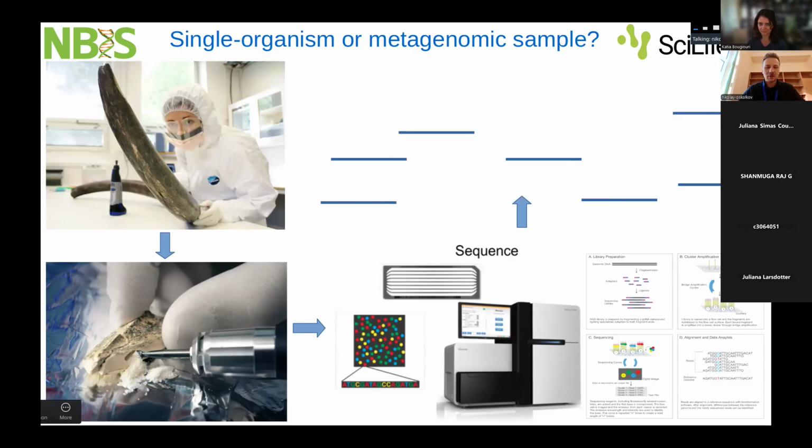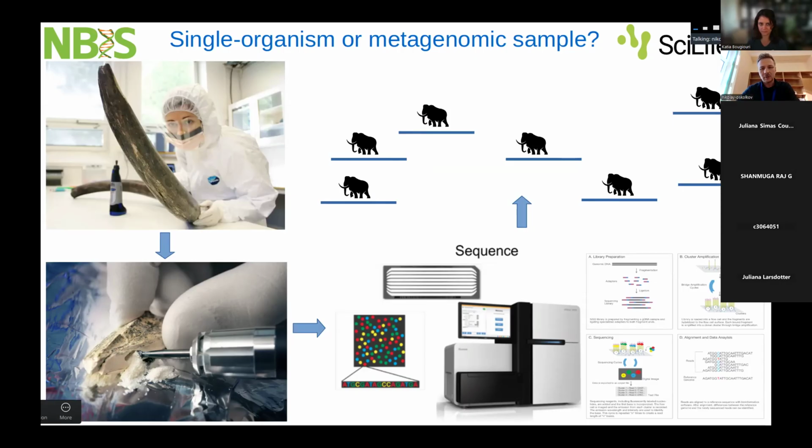Usually we computational people, data analysts, get the data from the lab in the form of short nucleotide sequences, which are called reads. And if it was a mammoth tusk, maybe you would expect that this will be mostly mammoth DNA, mammoth reads. However, are you sure?